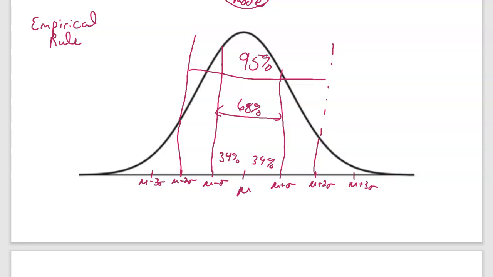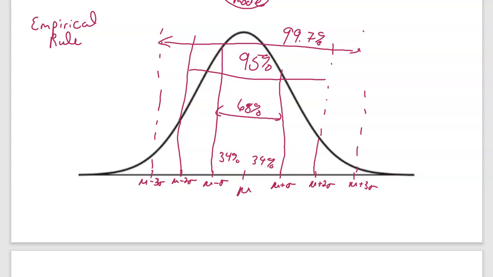Okay, so that included the 68%, so we added a little bit extra. And then between these 2, we go out further, so that's more than 95. So this is our almost 99.7%.